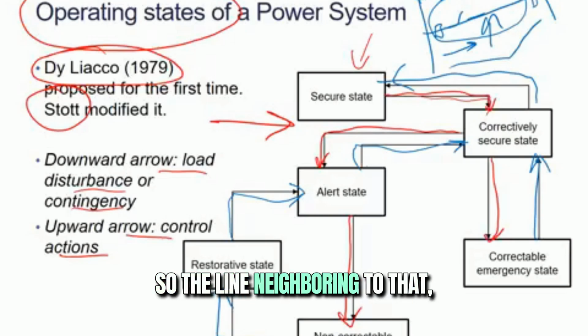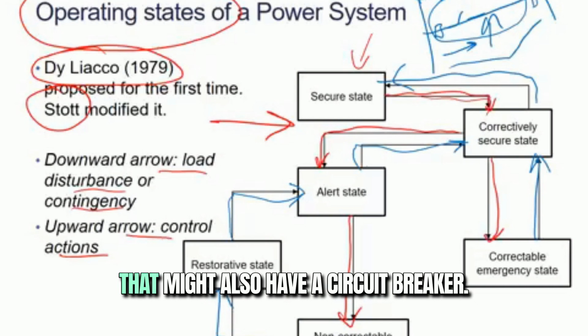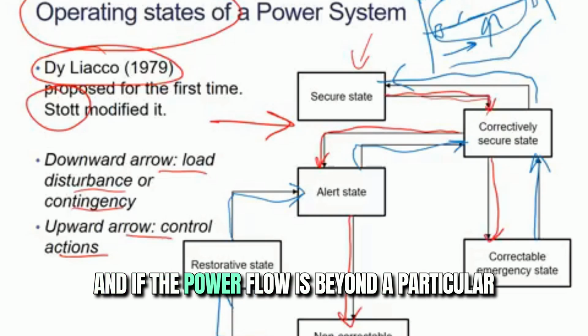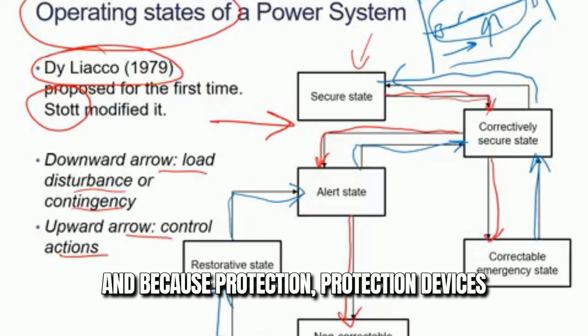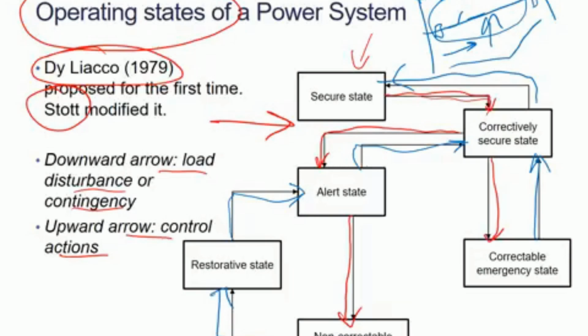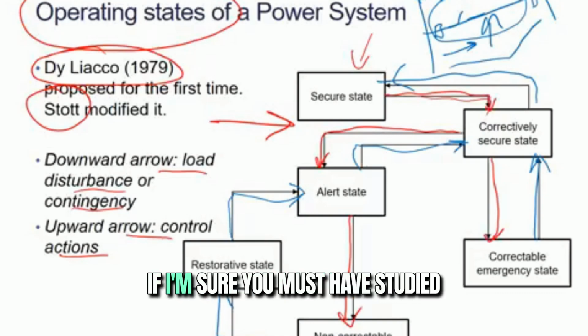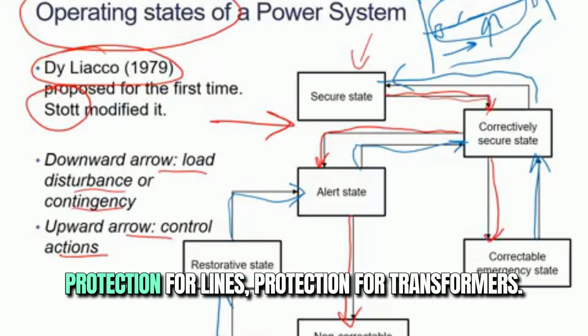The neighboring line might also have a circuit breaker, and if the power flow is beyond a particular limit, that line will also get switched off, because protection devices will protect that device. I'm sure you must have studied protection for generators, protection for lines, protection for transformers.